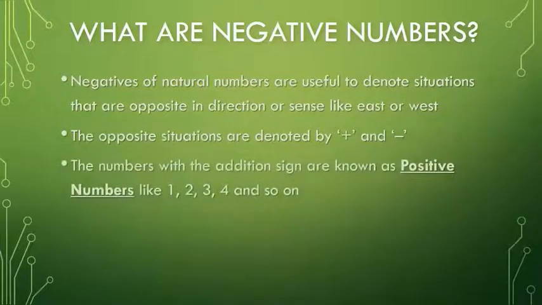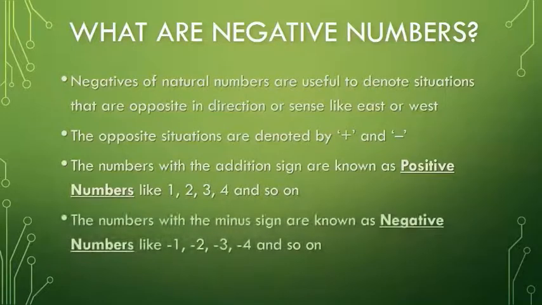The numbers which have the addition sign are known as positive numbers, and they are like +1, +2, +3, +4 and so on. But we actually don't write the plus sign for +1, +2, +3 and +4 because we already know that they are all positive.